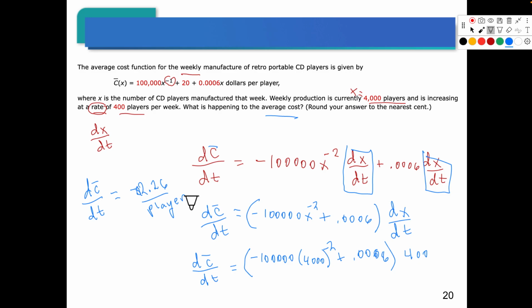But it's always good to go back and ask, what kind of a rate do I have? That's dollars, cost in dollars per player. So that's kind of good. Average cost is going down, so I can make them cheaper. Hopefully I can sell them at the same price, all that kind of stuff. Does that make sense? Any questions?